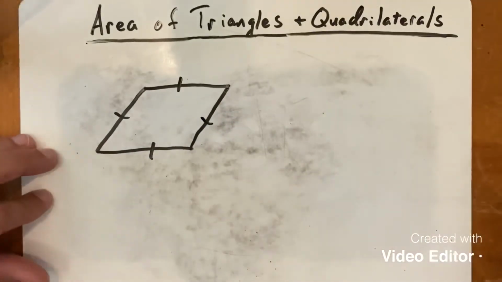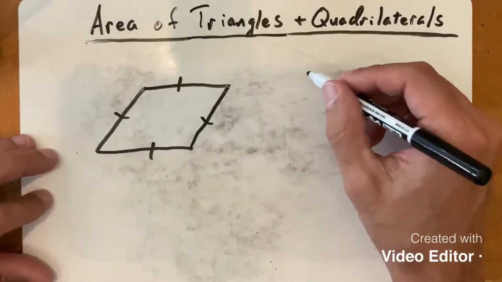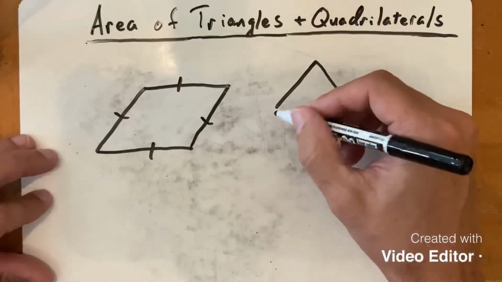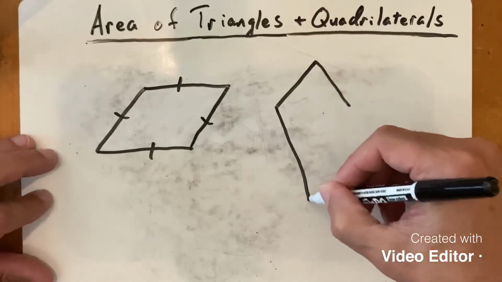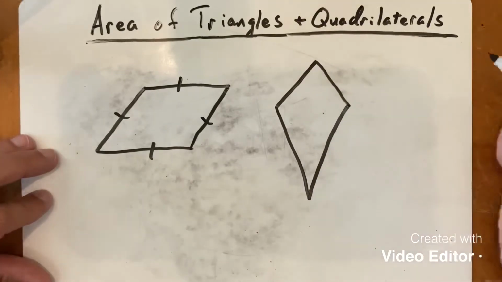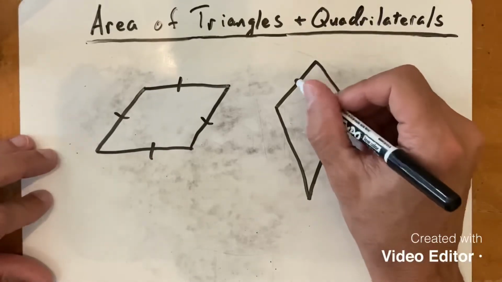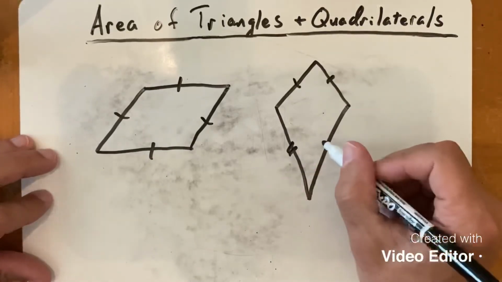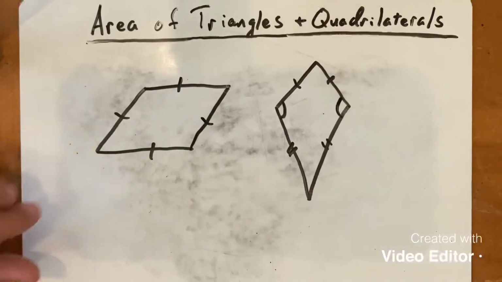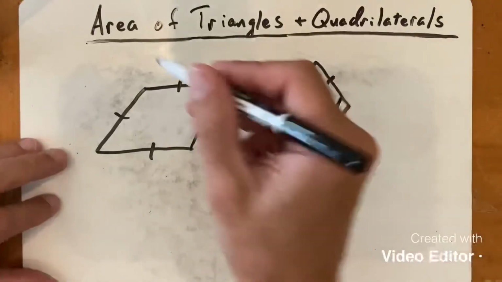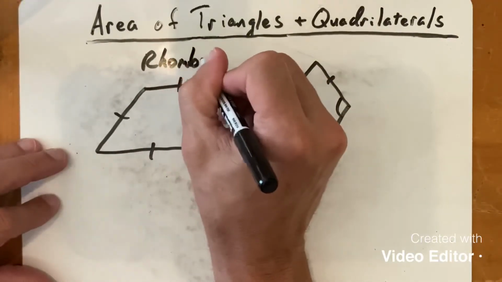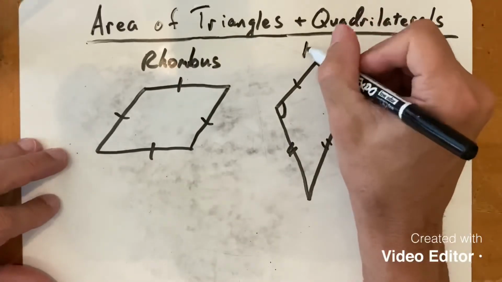And a kite is defined as a quadrilateral with 2 sets of consecutive sides congruent. So these two would be congruent, those two would be congruent, and then 1 set of opposite congruent angles there. So that would be our rhombus and our kite.